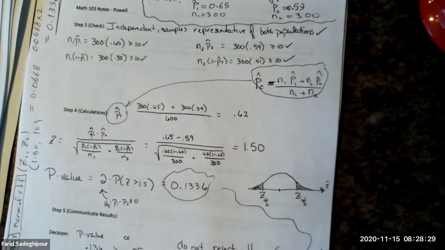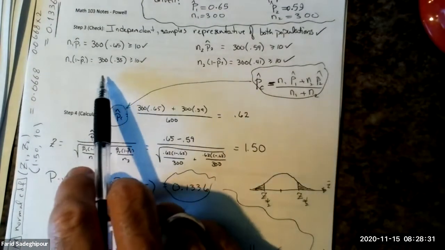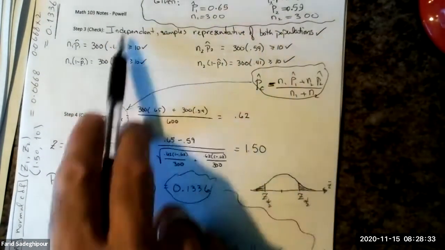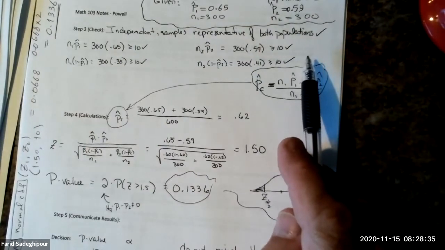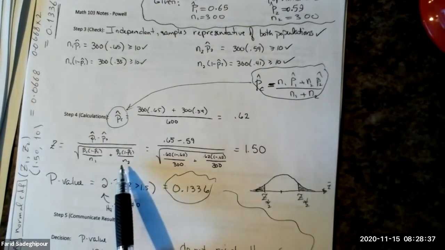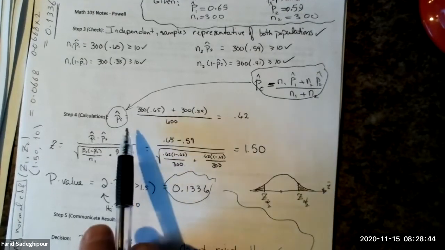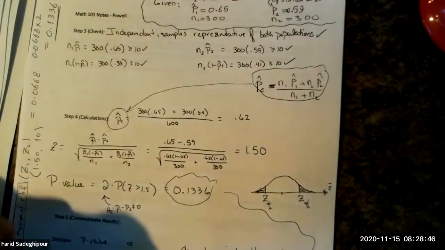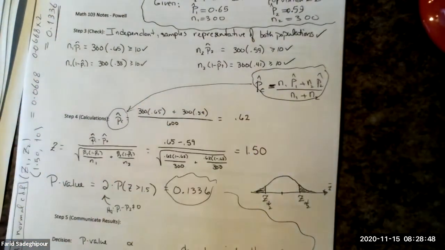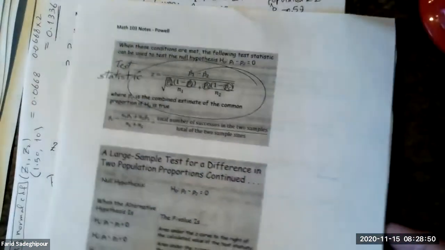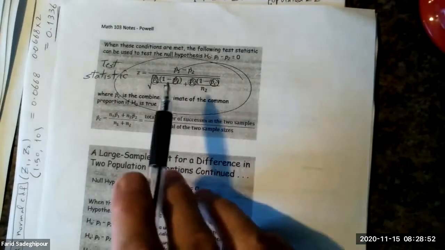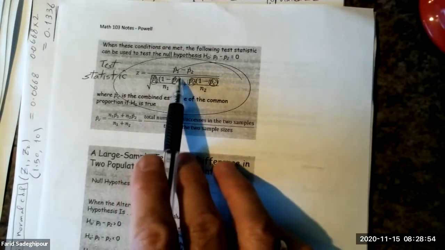So what I need to do here, again, I have to check the conditions first, make sure that everything is greater than 10. Now, in the formula, what we are using is, let me bring the formula here so you can see it. To calculate the test statistic, this is the formula.